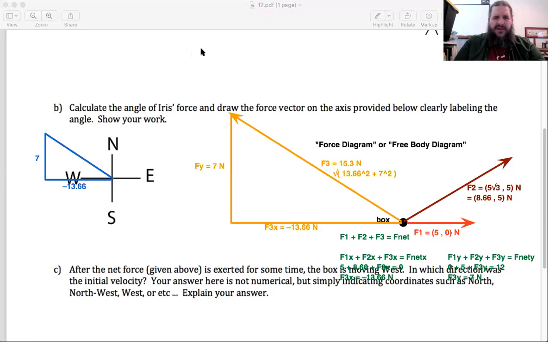One way to do this is to use this right triangle. And let's say we're trying to find this angle. Let's say this is theta here. We could say tangent of theta is what side over what side?